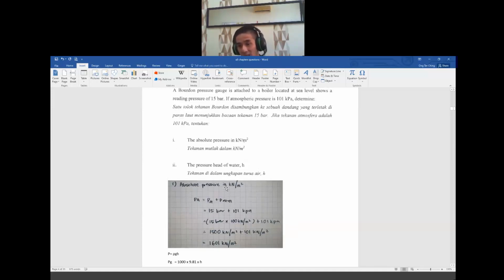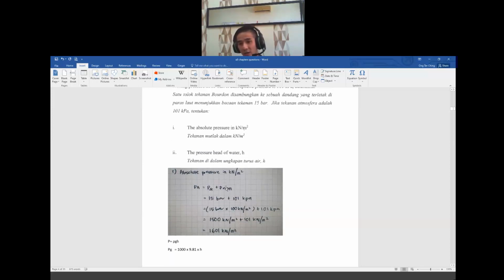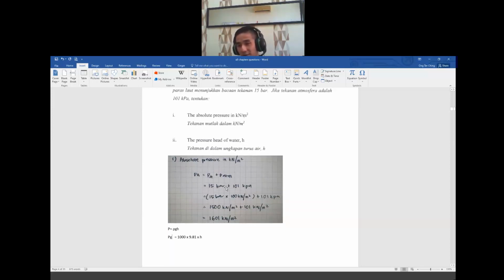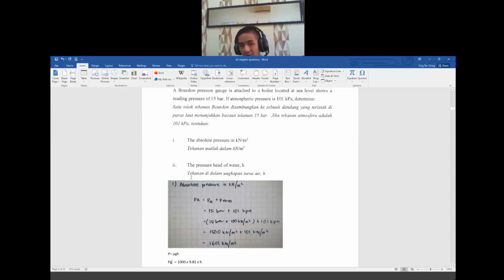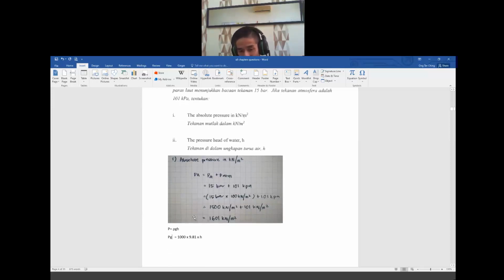Because everywhere on earth you are feeling the atmosphere pressure. So the one that indicates the pressure at that particular moment will be the gauge pressure, not the absolute pressure and not the atmosphere pressure. So please remember that the one normally we take into consideration will be the gauge pressure.